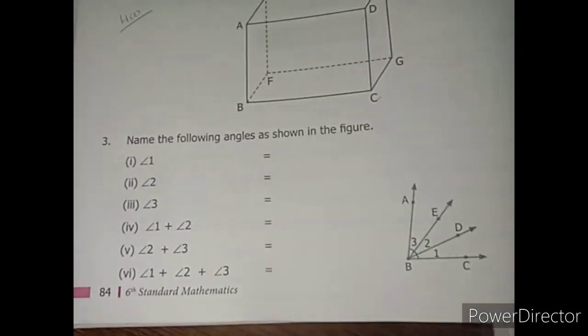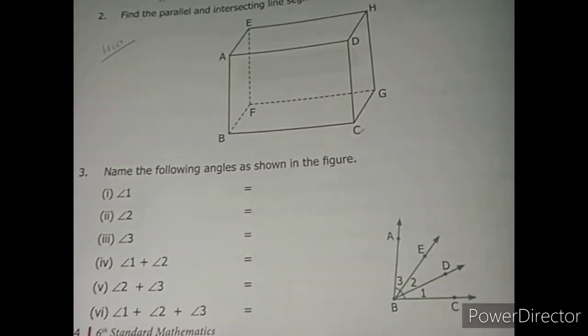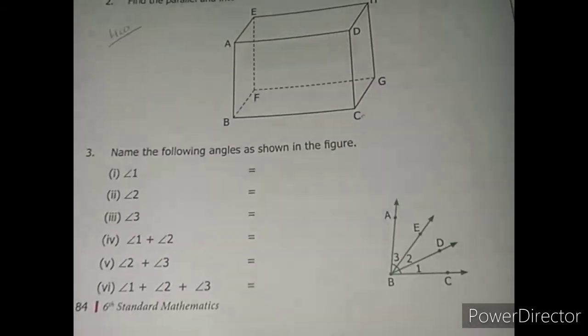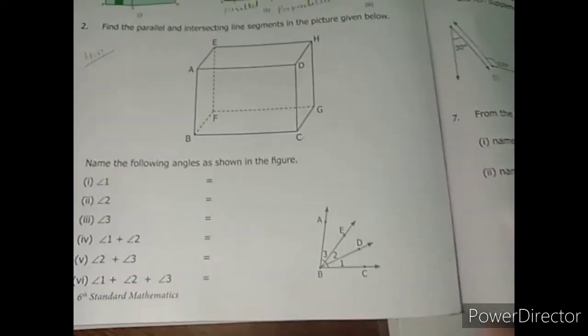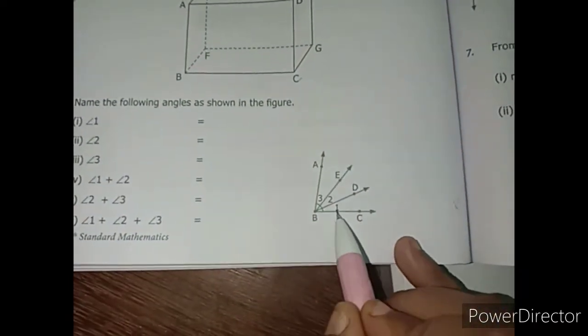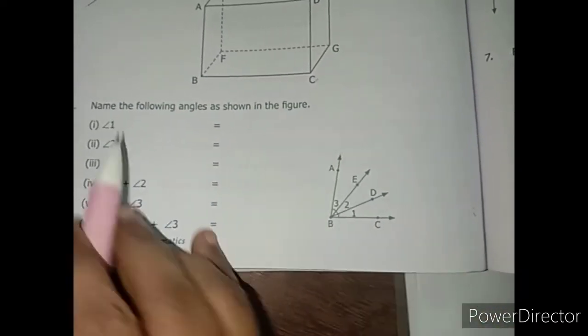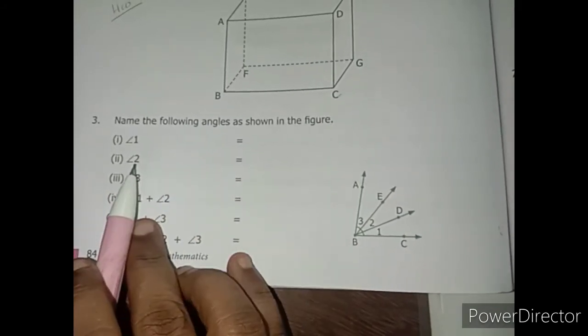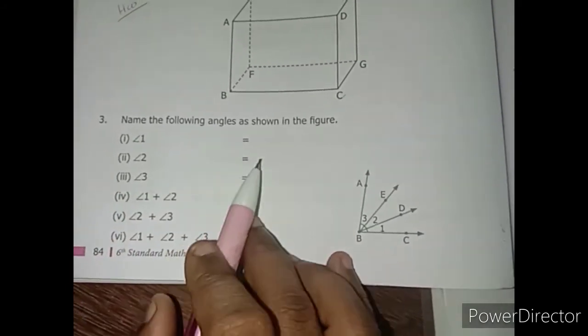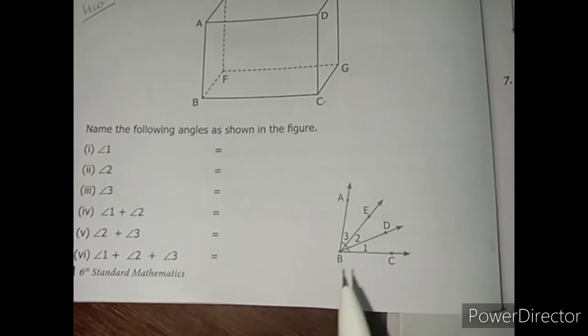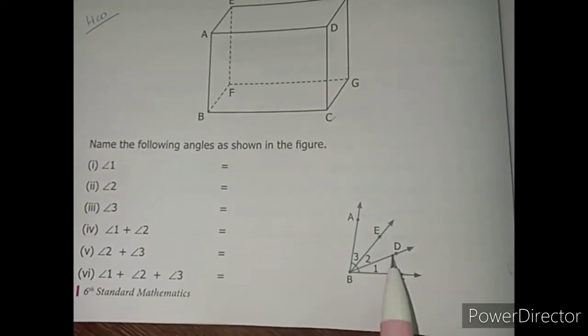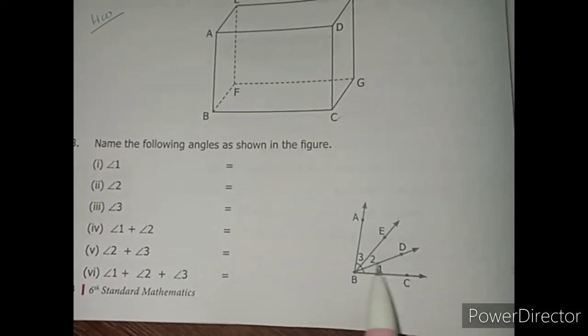See here, name the following angles as shown in the figure. See the figure given: angle 1, angle 2, angle 3. They are asking which is angle 1, which is angle 2. This also we will write in the textbook. See here, angle 1. Angle 1 means this alone you have to write.